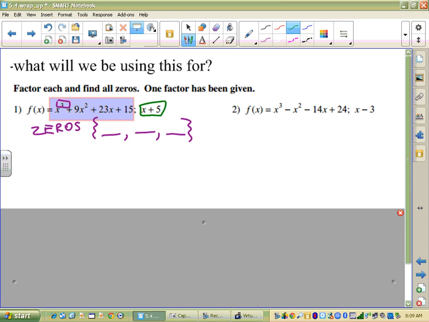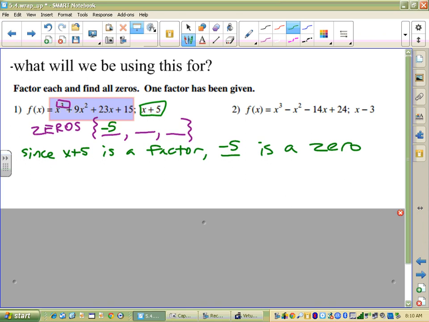What you need to realize is that this tells you 2 things, and it tells you to do something else. Because x plus 5 is a factor, what is a zero? -5.